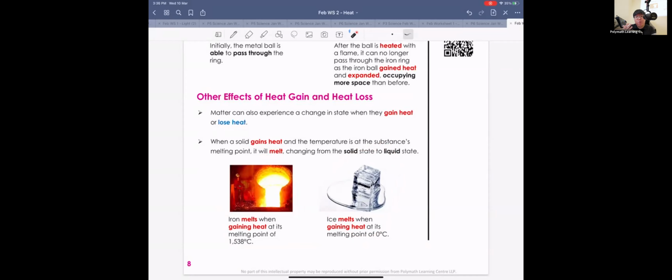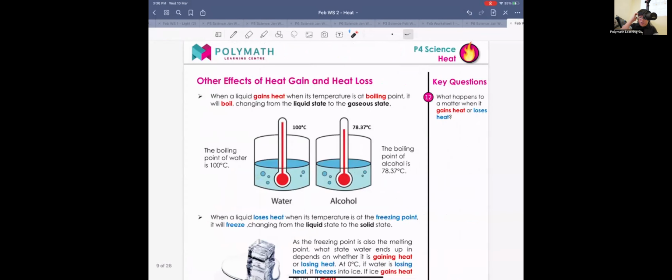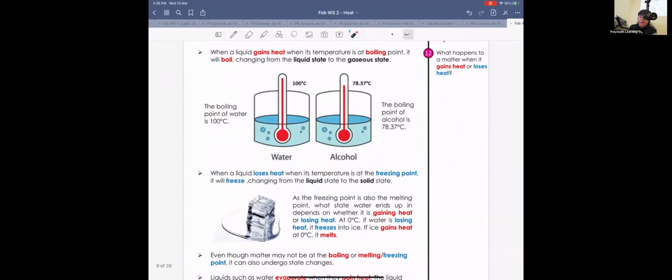You learned in P5 when it gains heat. Okay, when it loses heat, it also can change from one state to another. When you lose heat, you will turn from liquid to ice, from water to ice. Okay? All right, so when you gain heat at your boiling point, for water, the boiling point is 100, you will also boil. Okay? The boiling point of alcohol is slightly lower.